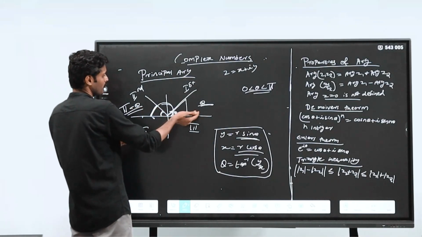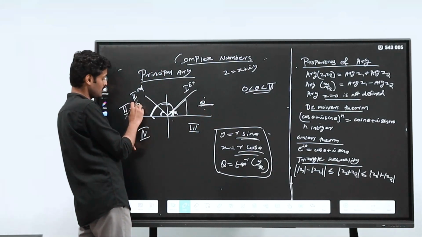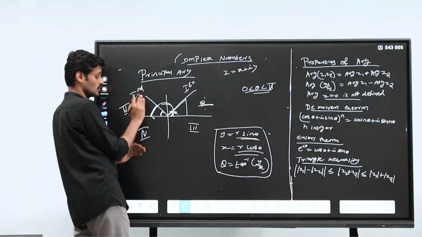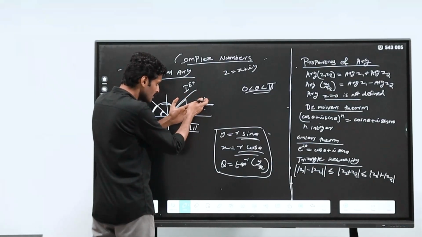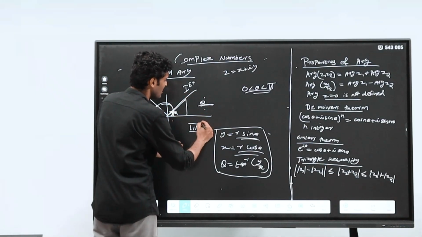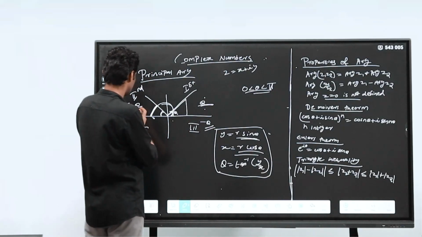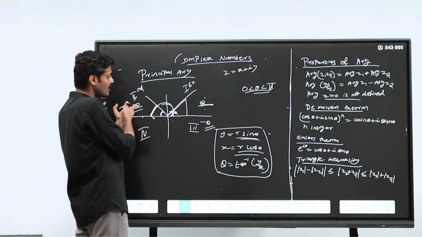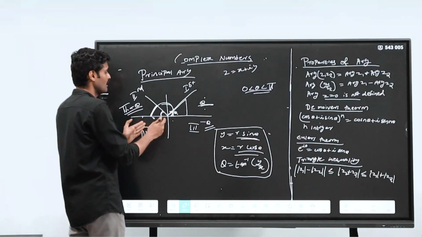So in the first quadrant the principal argument will be theta, and in the second quadrant it will be pi minus theta, and in the third quadrant the opposite sign, it is always minus theta.